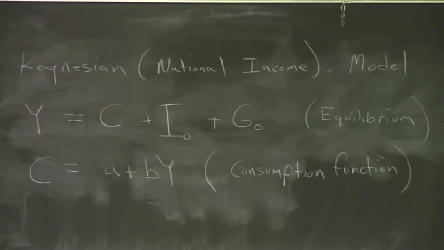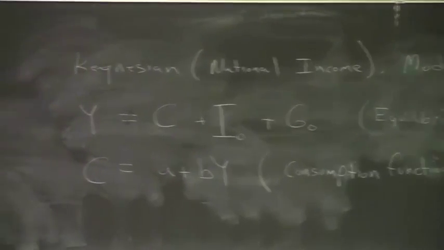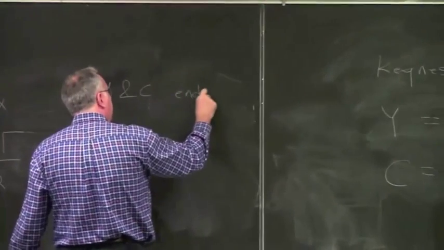In this model, let's summarize. In this model, there are two equations, an equilibrium condition and the consumption function. There are four variables, Y, C, I, and G. Two of these variables, Y and C, are said to be endogenous variables.